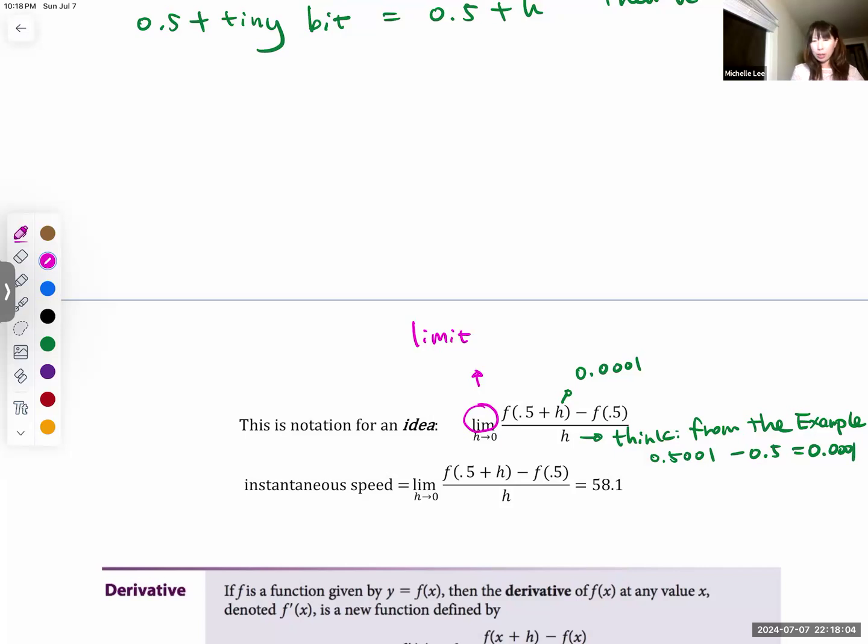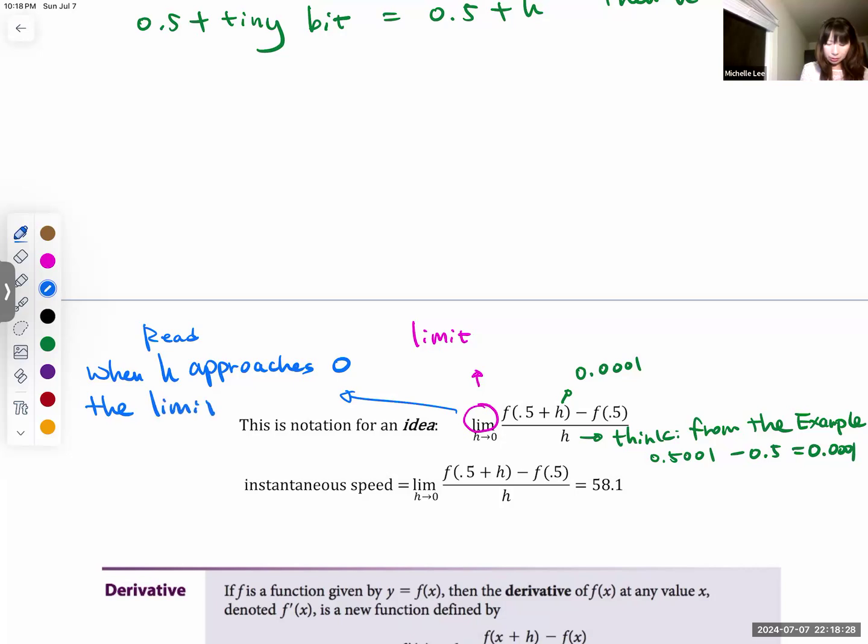Okay, we read: when h approaches 0, the limit of f of 0.5 plus h minus f of 0.5, over h.